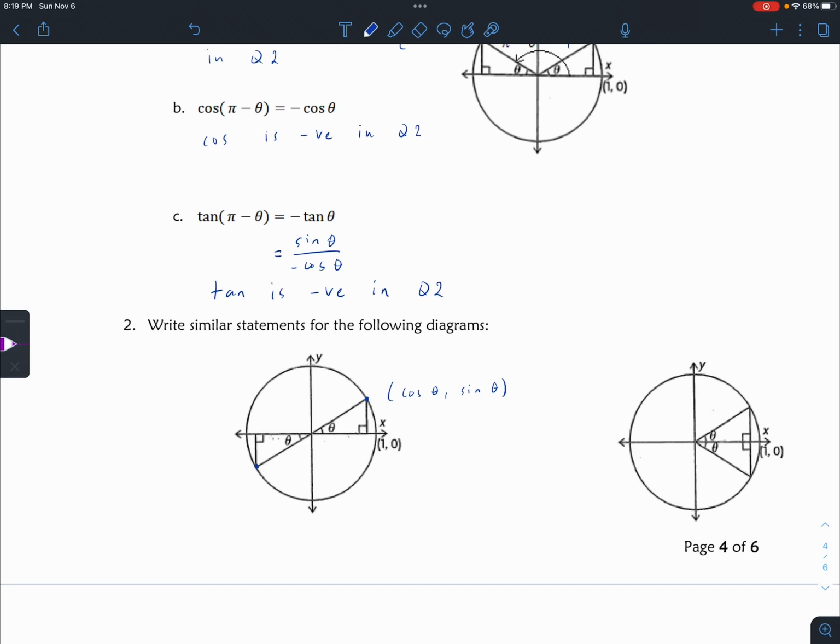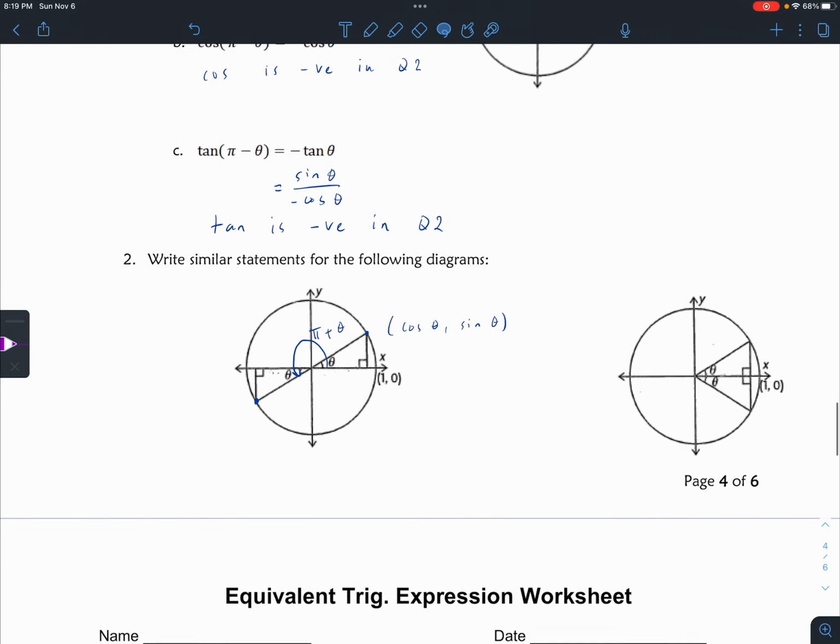Now, this point over here at the end of the terminal arm in quadrant 3, we first want to describe this angle. We want to describe what this principal angle is. We're taking pi and adding theta to it. That's what this angle is here.